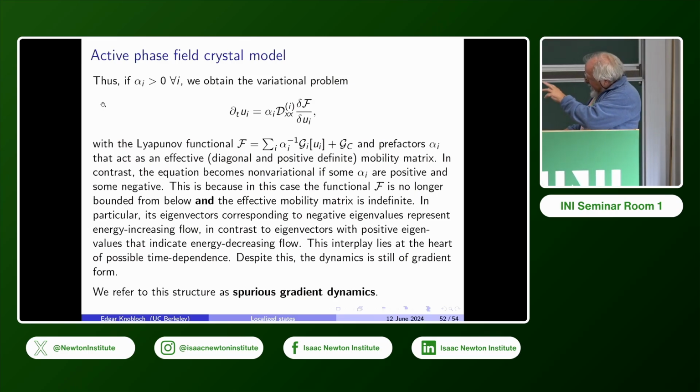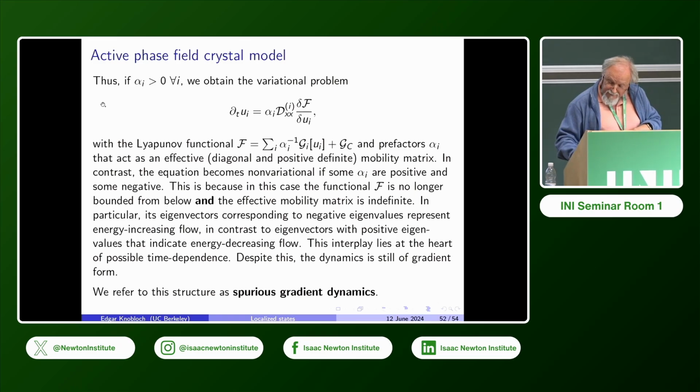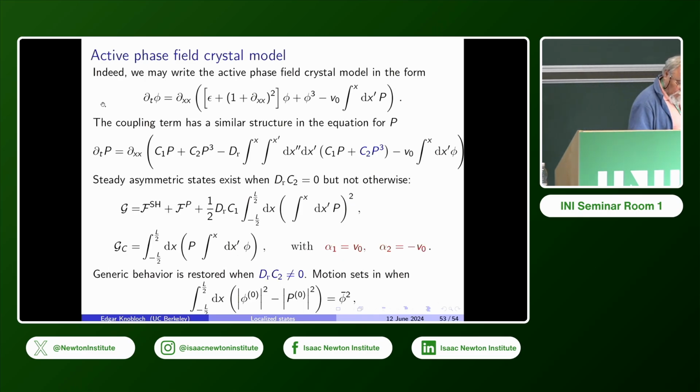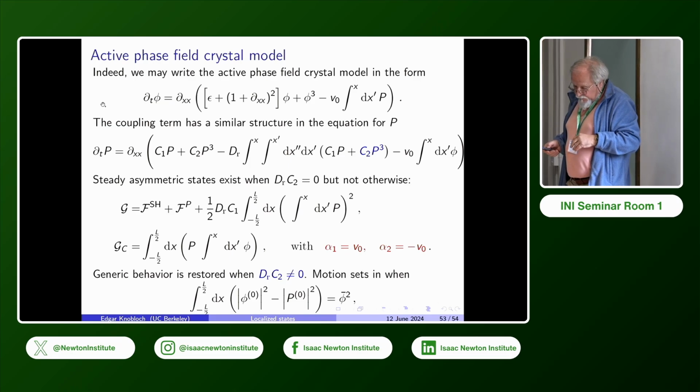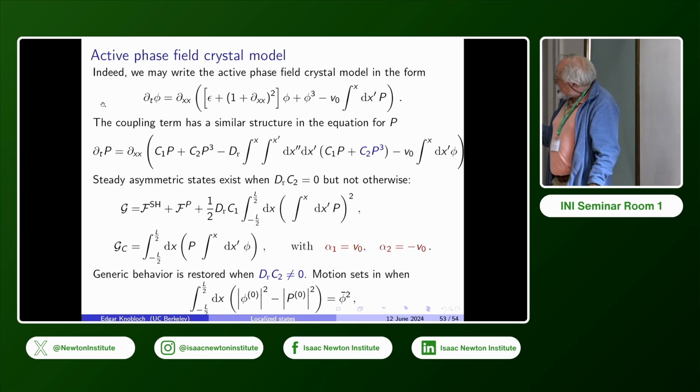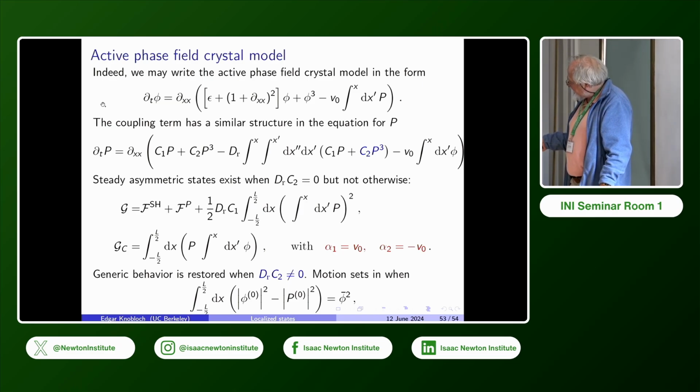So we've called this spurious gradient dynamics, because, in fact, f is not a Lyapunov function anymore. And so if you take this model that I talked about, the coupled phi conserved dynamics to the polarization, you can write it in this form, which is essentially an explicit form of what I've just described. The important thing is that you have an alpha 1 which is positive, alpha 2 which is negative, right?